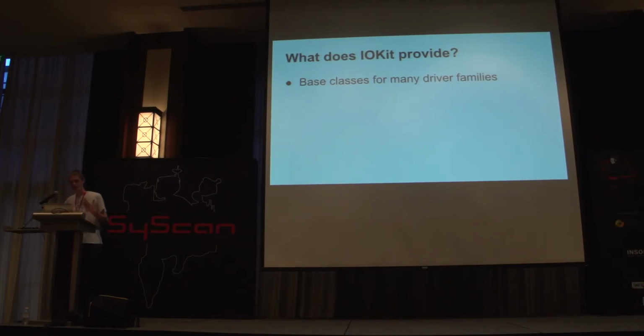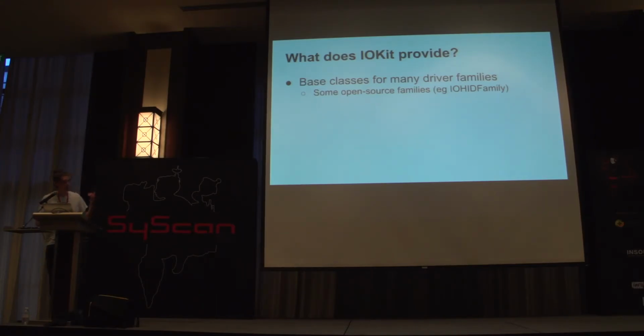What that really means is that if, for example, you are developing a new mouse or a new HID device, what you will do is take an existing HID device driver and simply subclass it. You use C++ inheritance to take existing code and literally override the methods that provide the specific functionality for your device. Some of these base classes or families of base classes are open source.